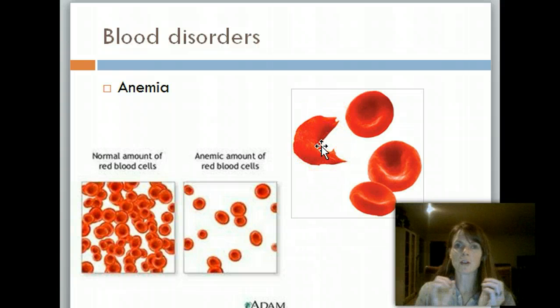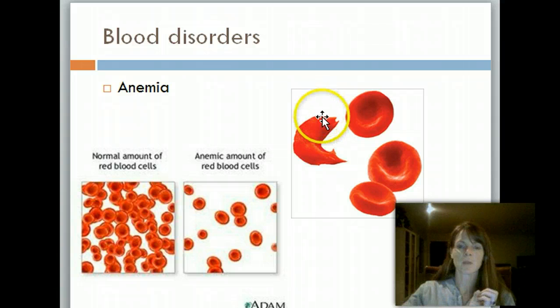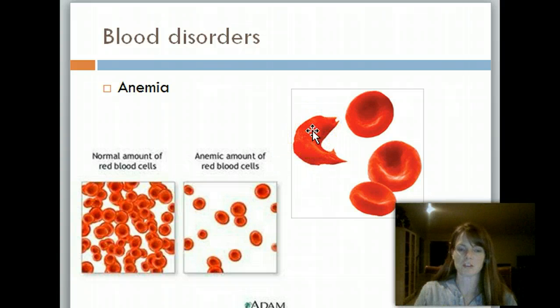Can you imagine those teeny capillaries that can only fit one cell at a time, with these sickled cell shapes going through them? It starts to cause some internal bleeding. It is very, very painful. That's where the hemoglobin is basically abnormal and causes that shape to change.